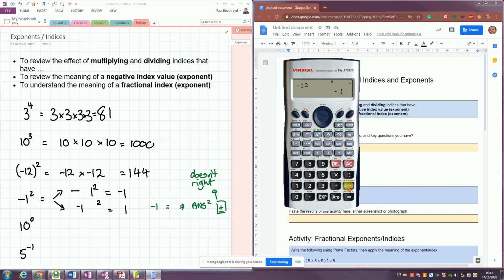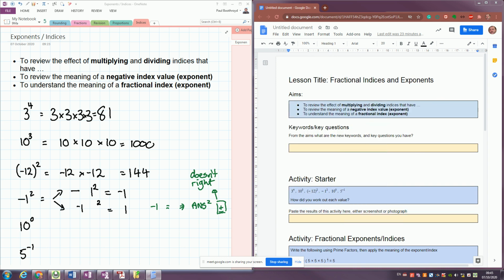So just be really careful about using calculators and squaring negative numbers. If you want to do minus 1 squared on a calculator, tell it, I want minus 1, that squared. That's my caution about calculators. It's one of the biggest errors I see, with people doing a partial of Pythagoras.